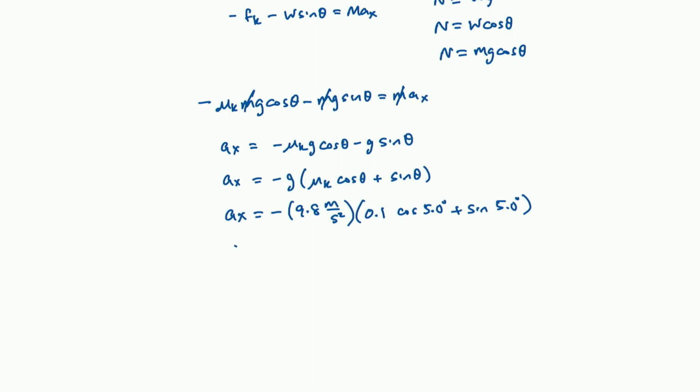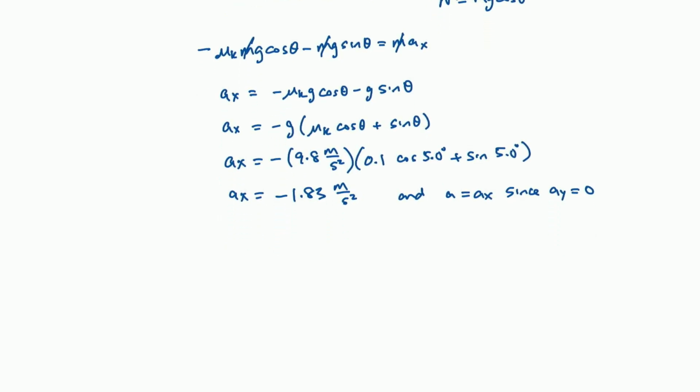Okay, I did that calculation and I found a sub x is minus 1.83 meters per second squared. And then we can say a is equal to a sub x since a sub y is 0.